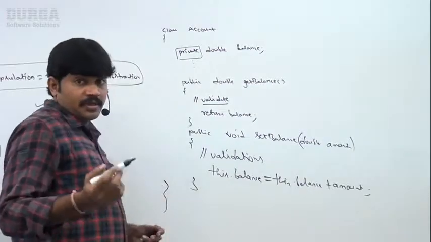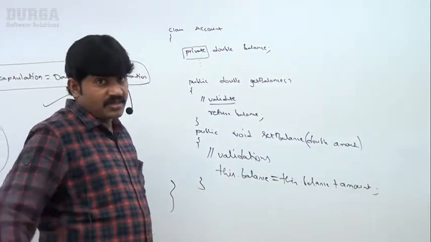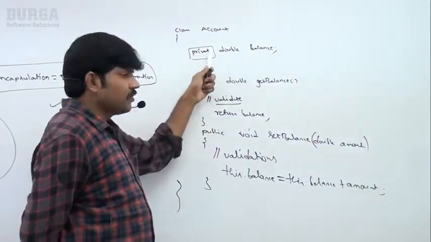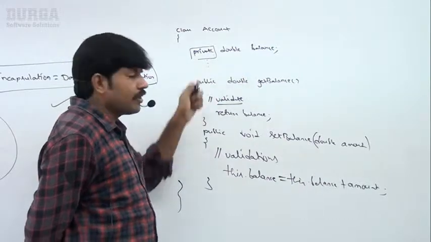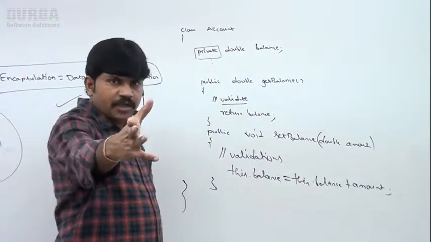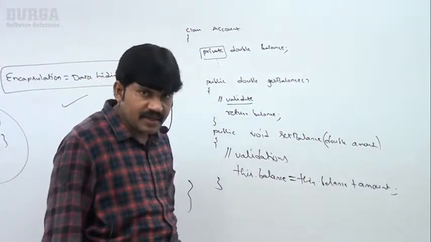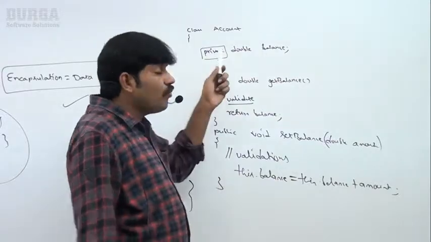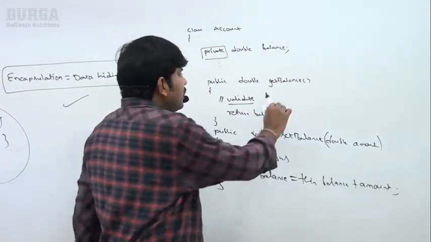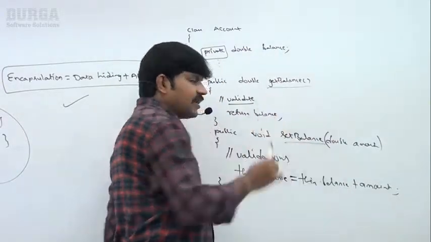That's all. A simple example: I have a balance variable, declared private. An outside person should not access our data directly. Next, how can the outside person access it? Sir, by using getter and setter methods.